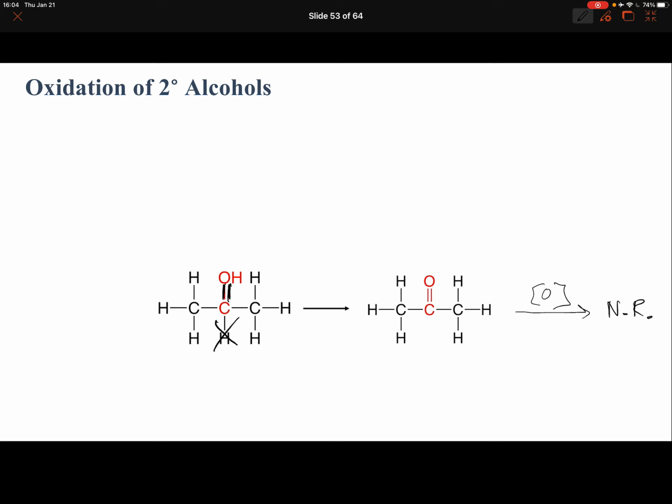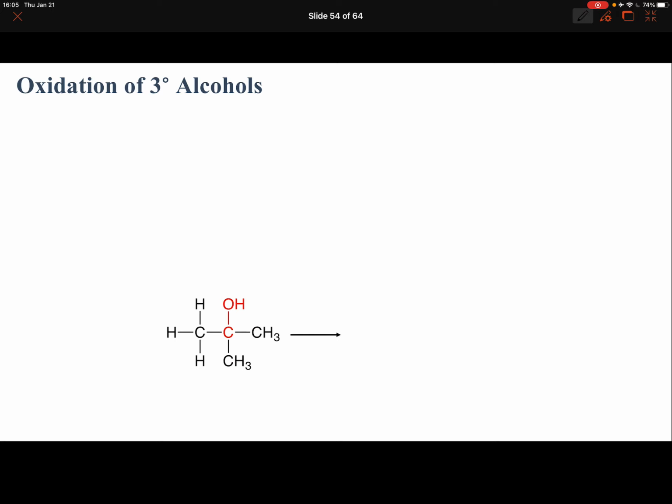No reaction if we try to oxidize that. And I'm trying to be clear about that with this slide too. This is a tertiary alcohol. Tertiary alcohol won't react at all with oxidation. There's no hydrogen. This is like the ketone situation already, but no H's to remove. So this one also has no reaction and no product will form.